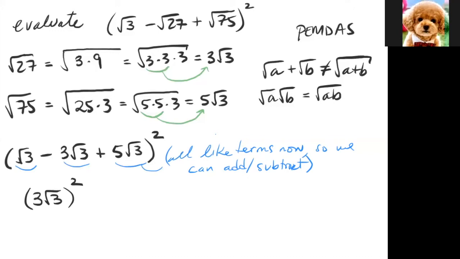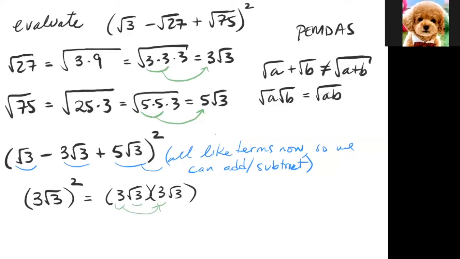So we're allowed to write it twice if we need to. 3 root 3, 3 root 3. And if we remember our rules for simplifying radicals from last week, we have the number part out front, the whole number part, and they get multiplied together.